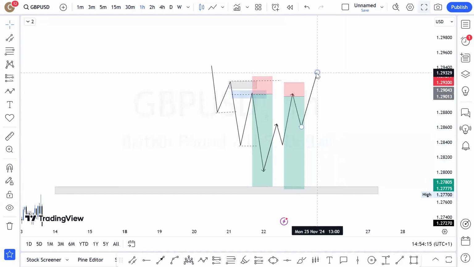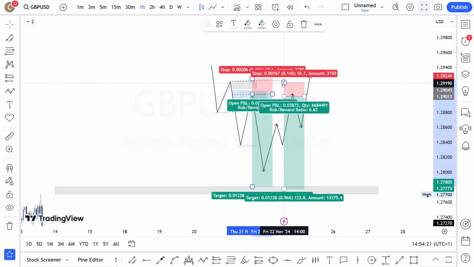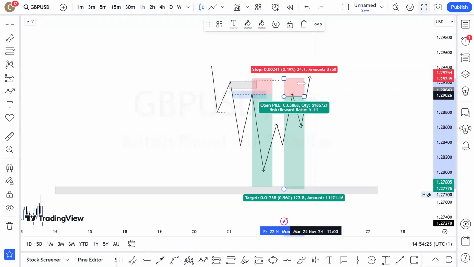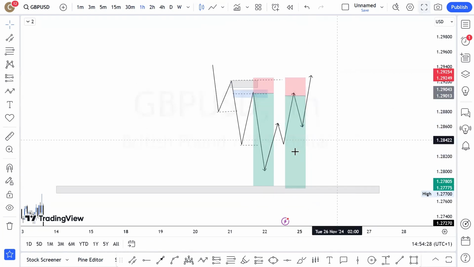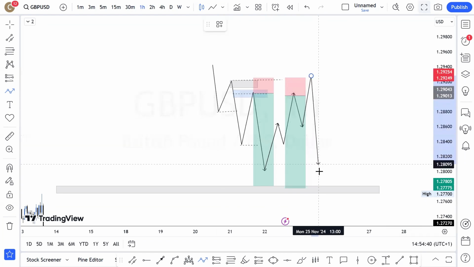So what these institutions are going to do is they will bring it just a little bit above this high and hit out all these stop losses. The reason is not that they really want everybody to lose money, but they want to sell. Now they bring it here, close all this trading loss, and they will now sell here. Market will drop.